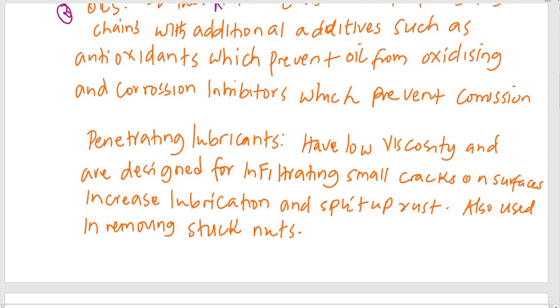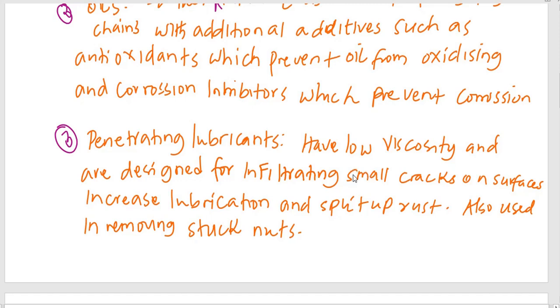There is another category of penetrating lubricant. Penetrating lubricants have low viscosity and are designed particularly for infiltrating small cracks on surfaces to increase lubrication and split up rust. Because usually you want to loosen some nuts that have gotten stuck in your work pieces, and maybe you have run out of options.